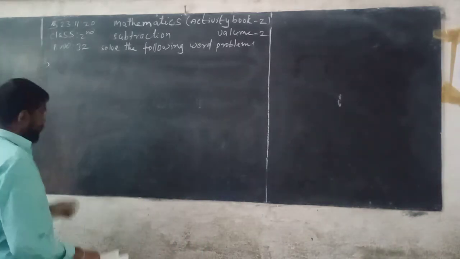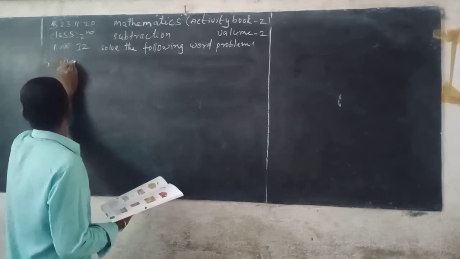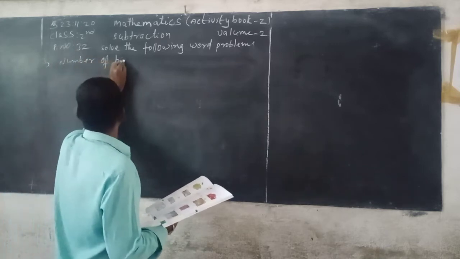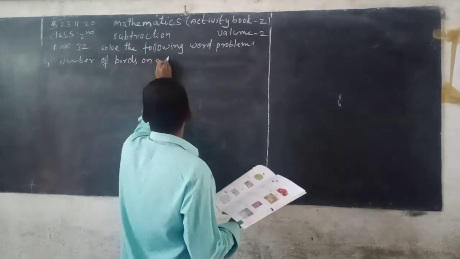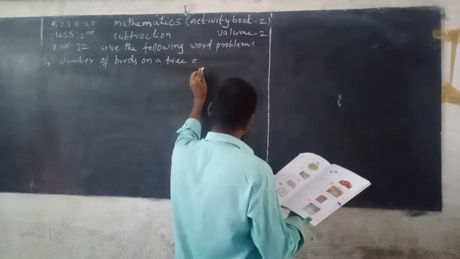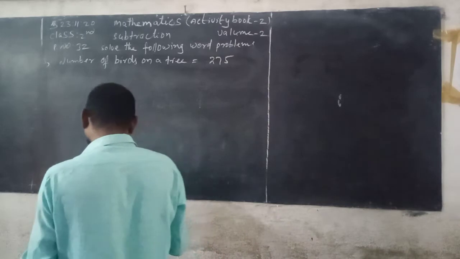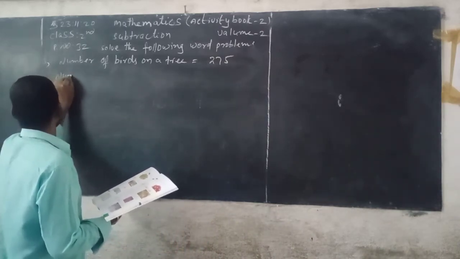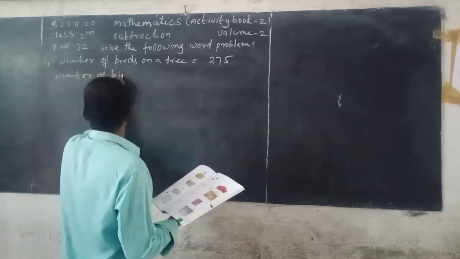Write down everybody quickly. Number of birds on a tree is equals to how many? 275 birds. Next, number of birds that flew away.